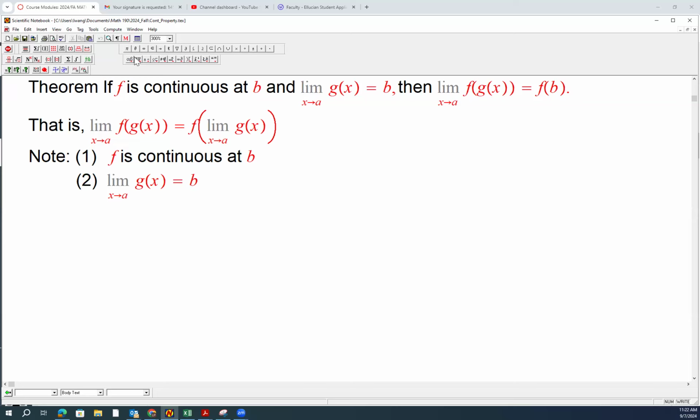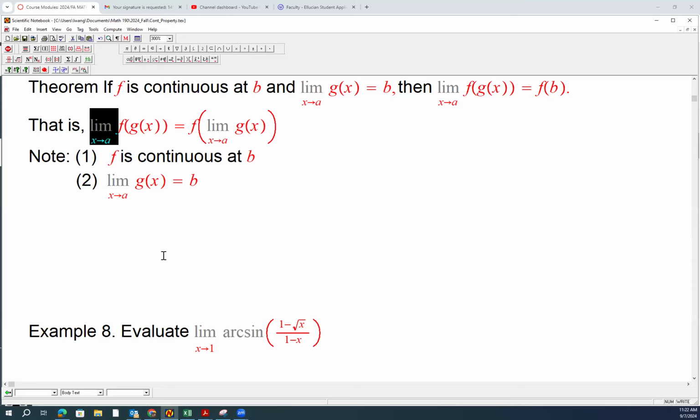In other words, it just has a limit. Having a limit is a weaker condition than continuous at a. So this condition is good enough. If these two conditions are satisfied, we can take the limit across the continuous function, go inside. So that's what the theorem says.